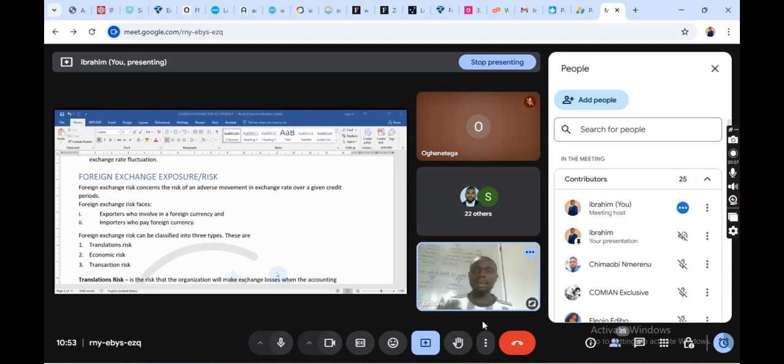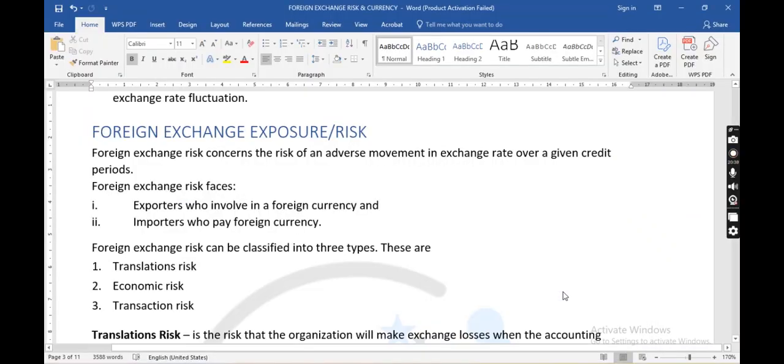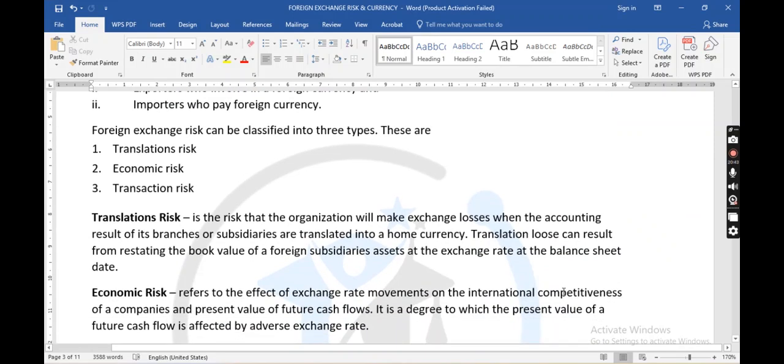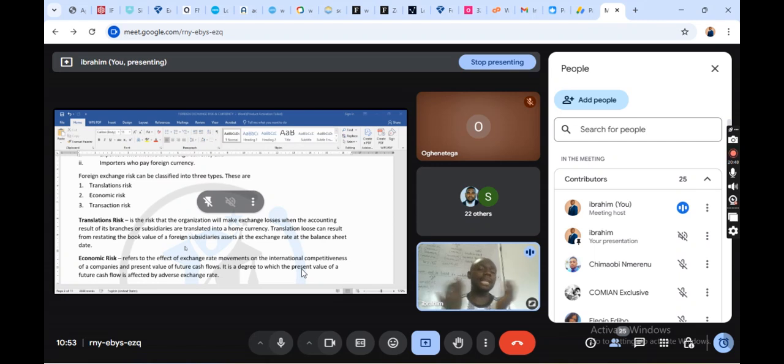Foreign exchange risk can be classified into three, right? Translation risk, and this will take us to the parent versus subsidiary translation. That is, what are the risks involved in translation in foreign exchange?